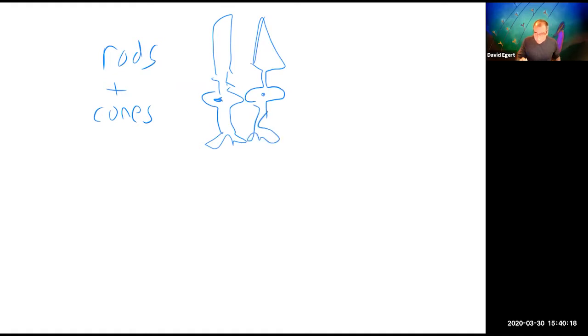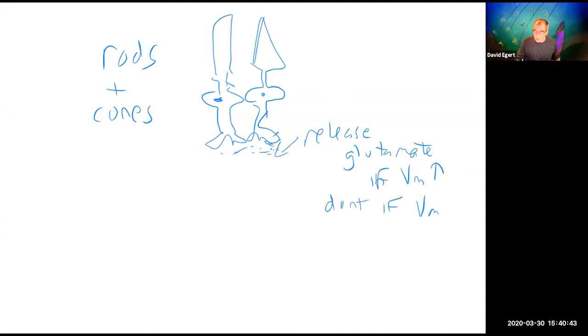And then if their voltage is going up, then it's going to open calcium channels, which means that they're going to be releasing glutamate. Right, so more or less glutamate is going to be released depending on more or less light.